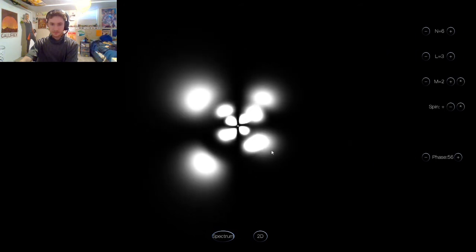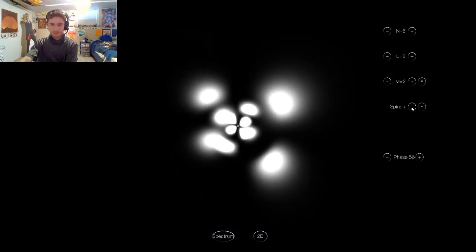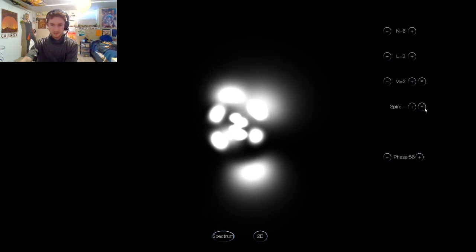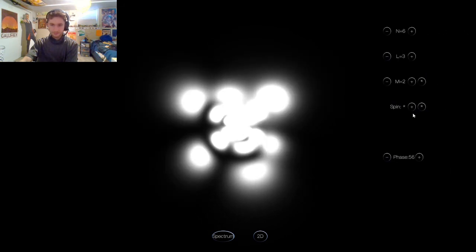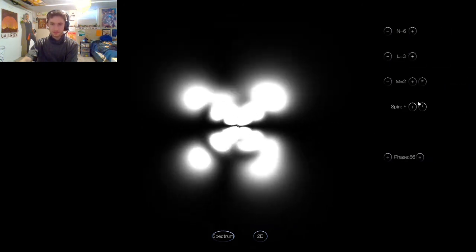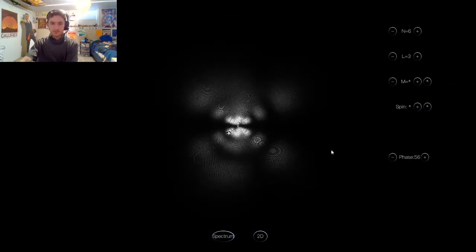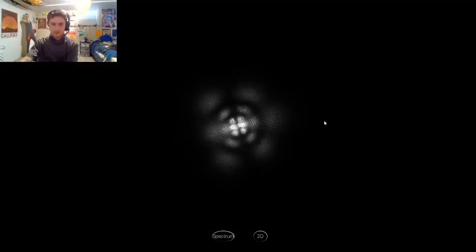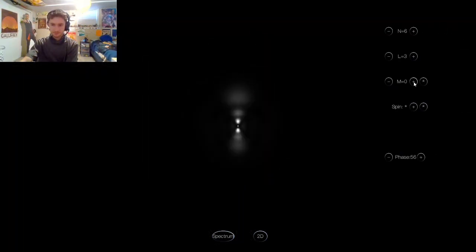See, the spin affects what it does. Really just its orientation in space. Okay. This wants to change it to look like this for some reason, which I'm confused about.